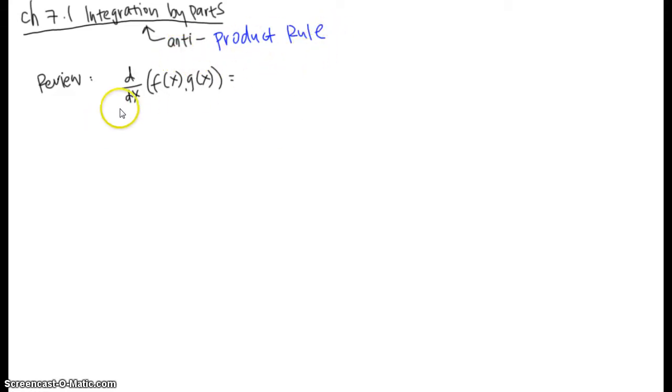So let's review what the product rule actually was. The product rule was when taking the derivative of a product of two functions, we get the first function times the derivative of the second plus the second times the derivative of the first.